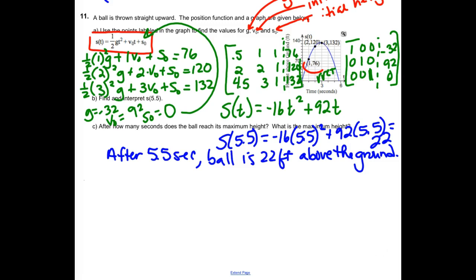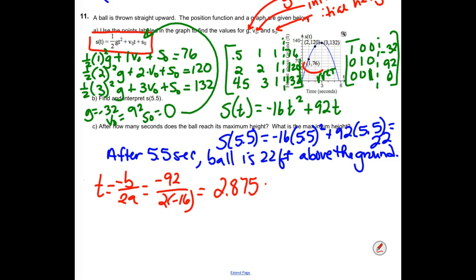All right. How do we find the vertex of a quadratic? Okay, so my x or t value is -b over 2a. In this case, my b term was 92, so -92 over 2 times -16. What's -92 divided by -32? Okay. So that 3 seconds with a height of 132 was pretty close.